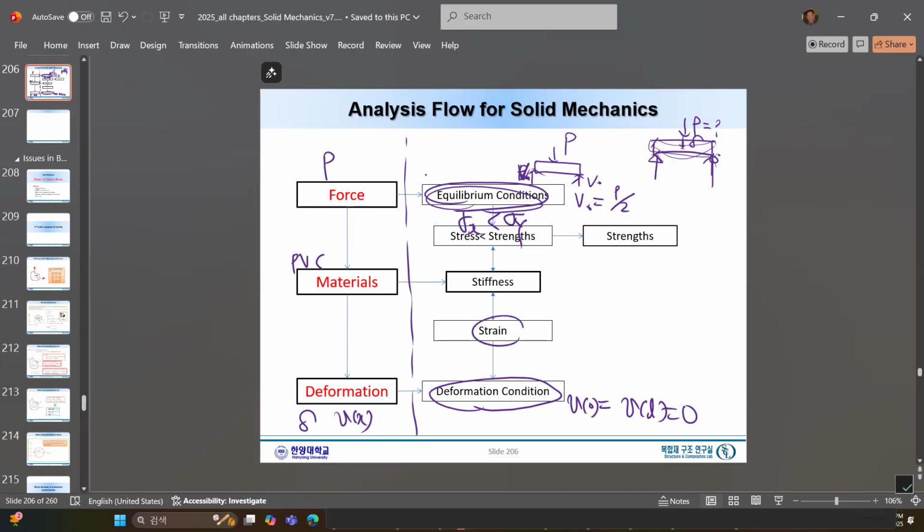And strain, we already know y over R or something. And stiffness, this is PVC, on the order of 3 gigapascal. And the strength, importantly, how much strength can it carry?